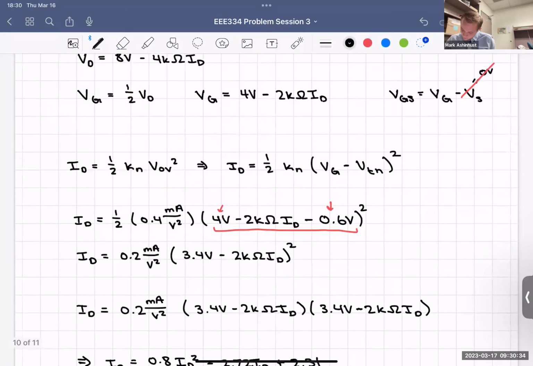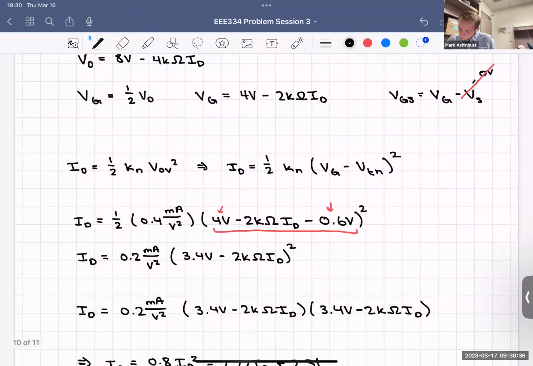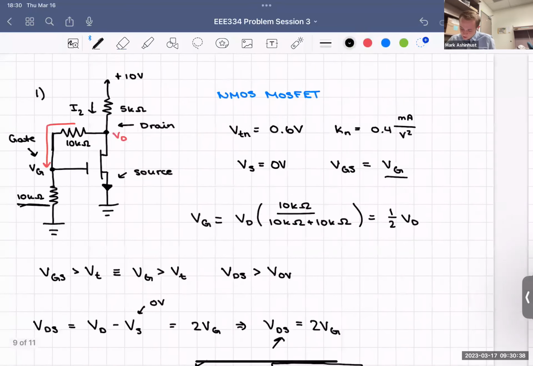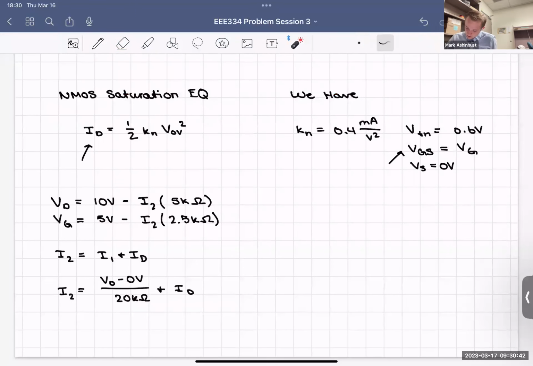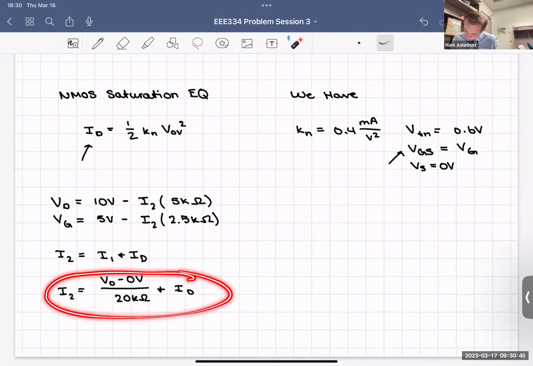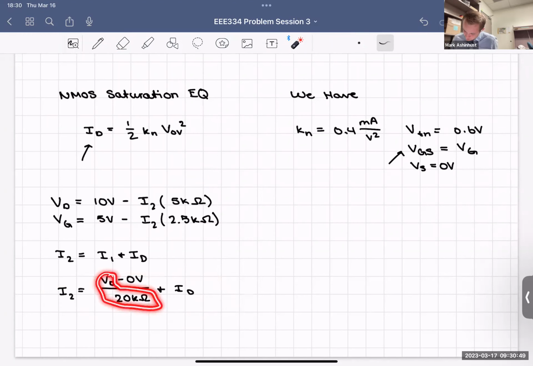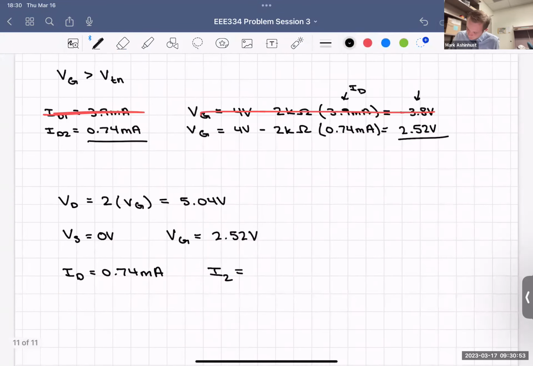I2, we wrote the equation for. Well, I2 is going to be the sum of I1 plus ID, where I1 is VD over 20K. So it's going to be VD over 20K plus ID.